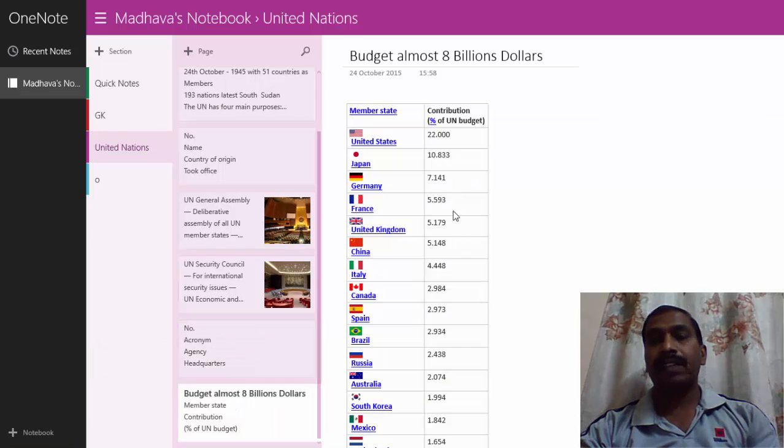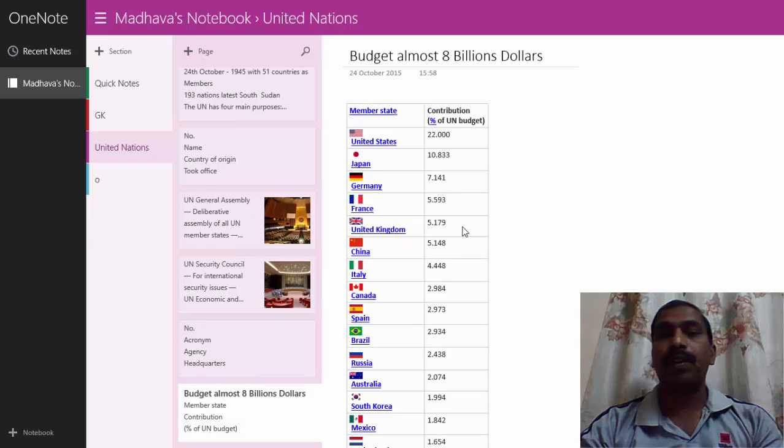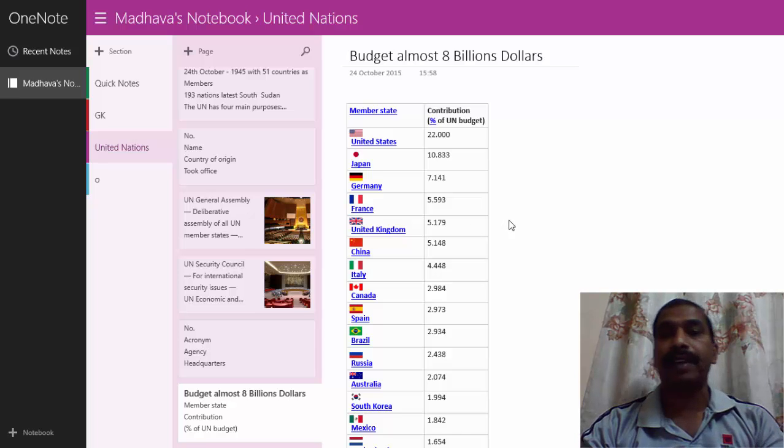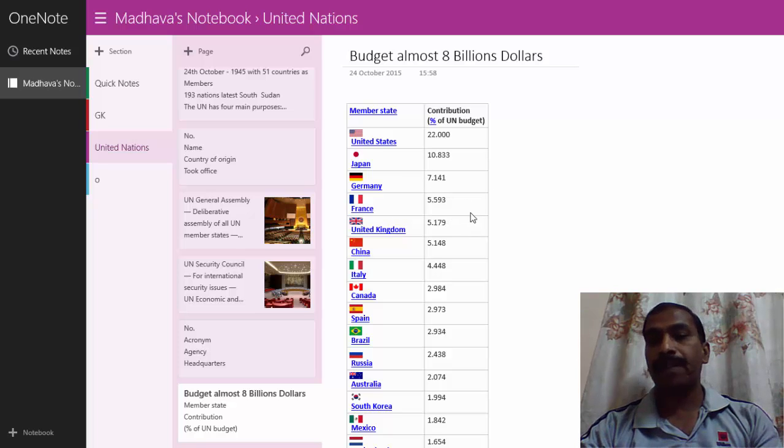How is the budget raised? Actually, it is not a government, so it is supported by the members of the United Nations. These are the 17 countries which are predominantly giving financial support. The United States contributes 22%, Japan 10%, Germany 7%, France 5.5%, United Kingdom 5.1%, China 5%, Italy 4.4%, Canada, and so on.